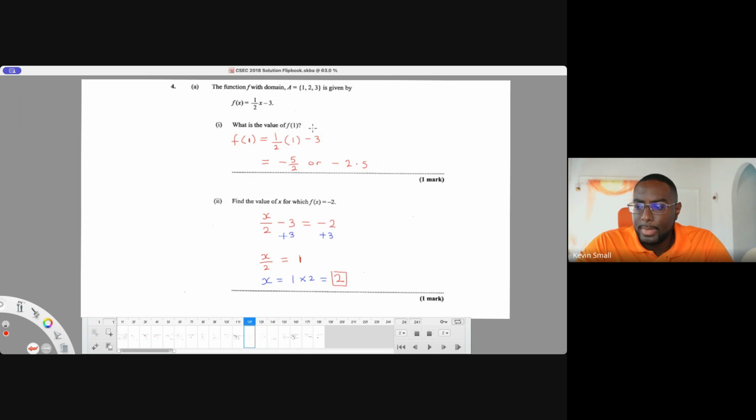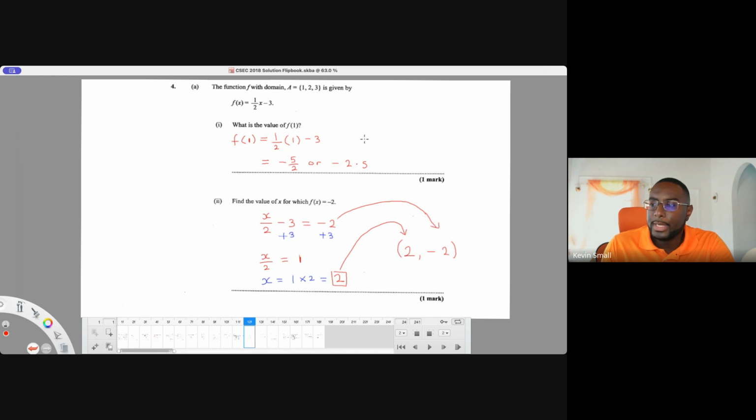So if you look back at your previous answer, the input was 1 and you got out negative 2.5. For the second one, you realize the output was negative 2, the input was 2. So the coordinate would be 2 comma negative 2. So 2 comma negative 2 is one answer. Always the input first and then the output last.